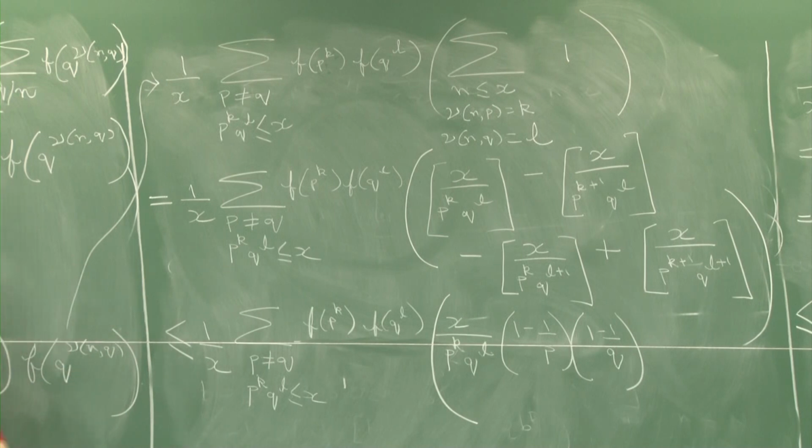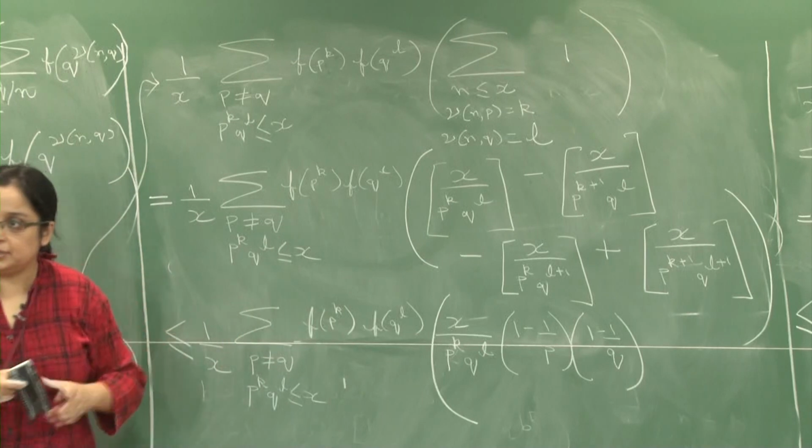That plus 2 is the upper bound coming from the fractional parts, okay.